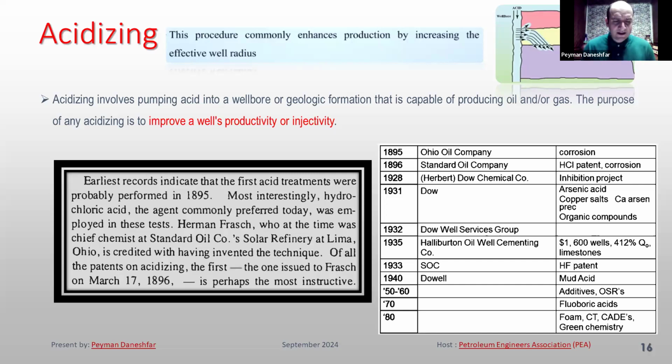Just for the history, the first acidizing job was done by the Ohio Oil Company, with the man Herman Frasch, in 1895. And after that, you can see in this table the improvement and development of acidizing.